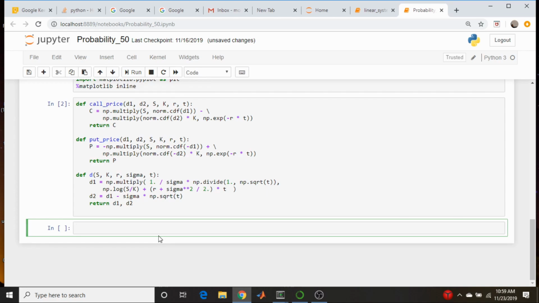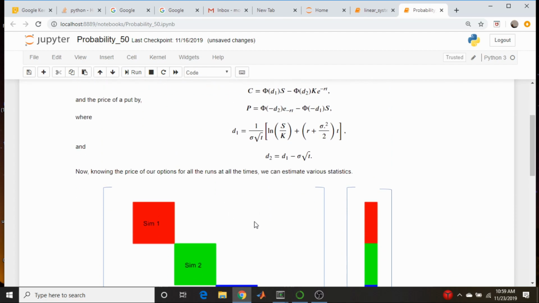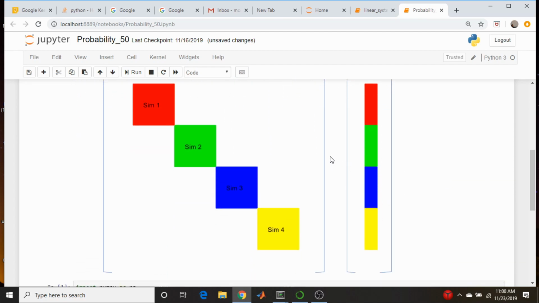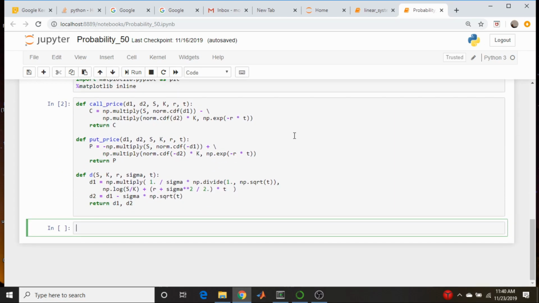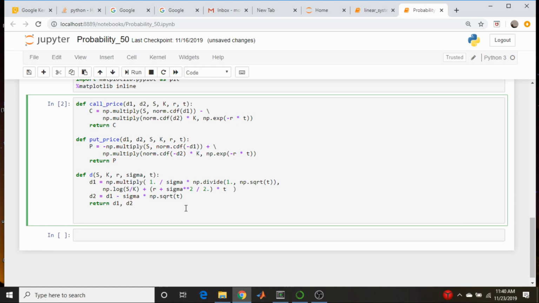So let's run that and make sure everything came in okay. Okay, so now let's go on and build the code that's actually going to calculate all of these stock prices. This is going to be a little bit of the abstract part of things. I'm not sure if I want to at some point reuse some of this code, so I'm going to put the stock simulation part into its own function.